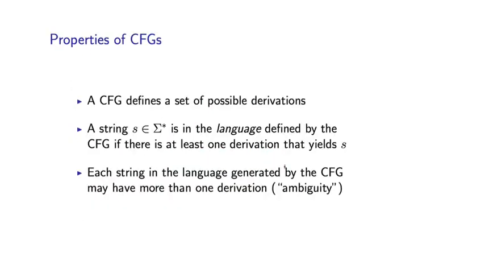Okay, so given a context-free grammar, we have a set of valid derivations under the grammar. And this set can be infinite. In fact, in almost all interesting cases, it's going to be an infinite set of possible derivations. So one more definition.